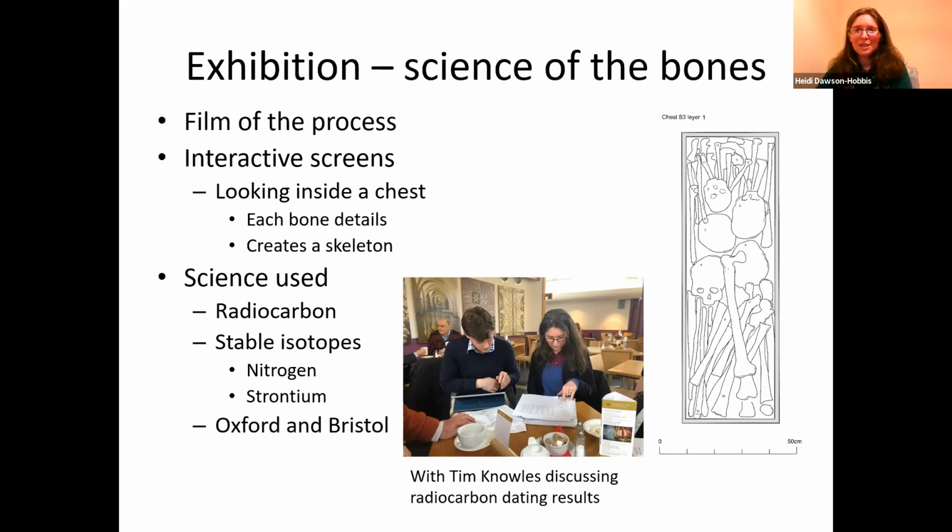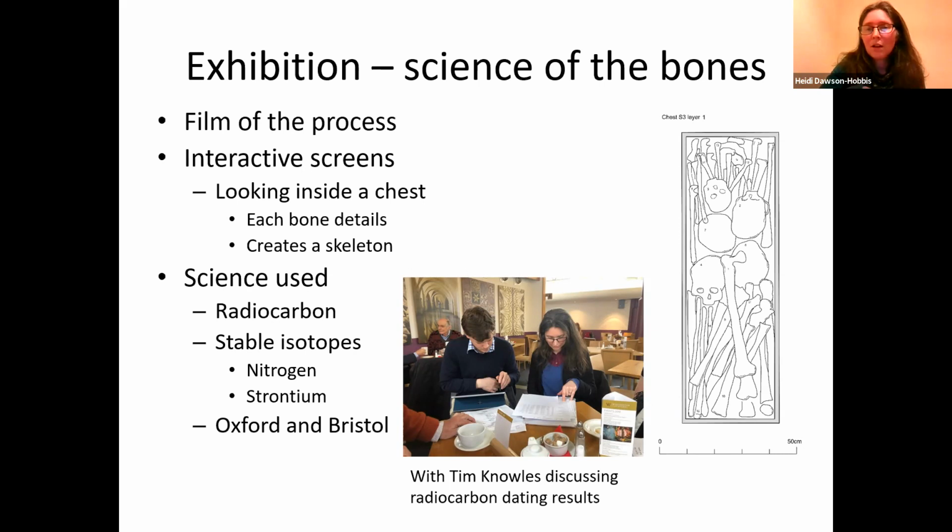And I probably found those the most interesting personally, having worked quite a lot on juvenile remains previously to this project. Some of the work that we've done has gone into this new exhibition at Winchester Cathedral, which opened in summer 2019.